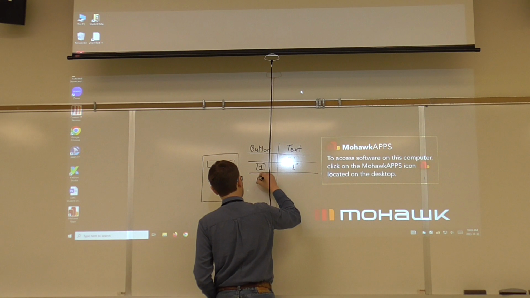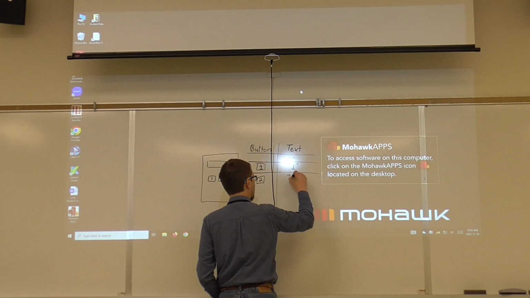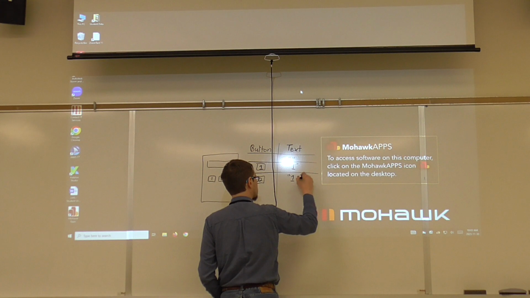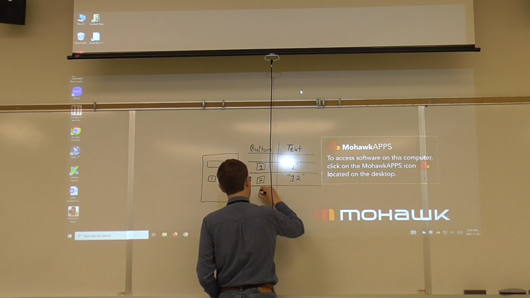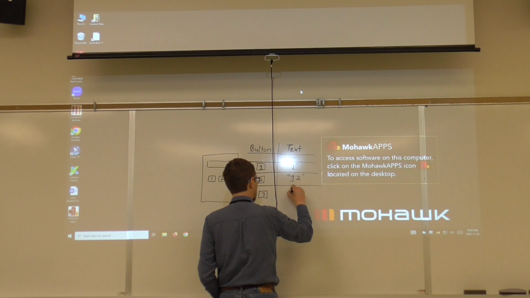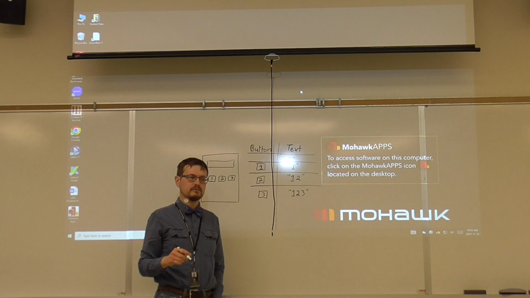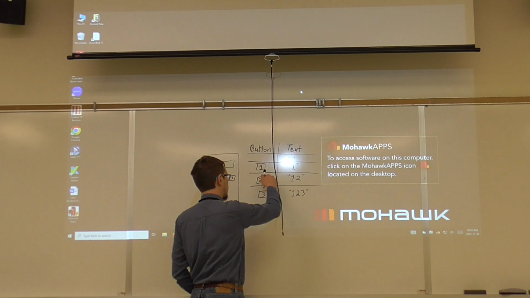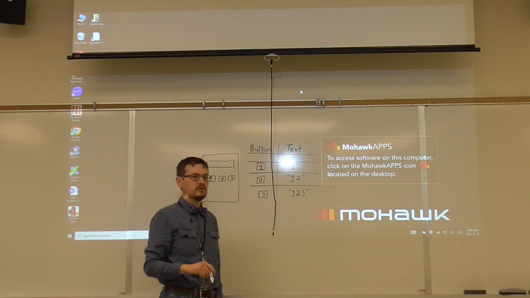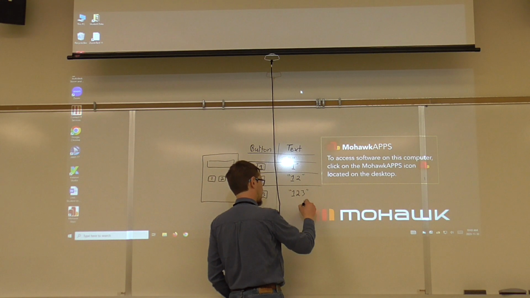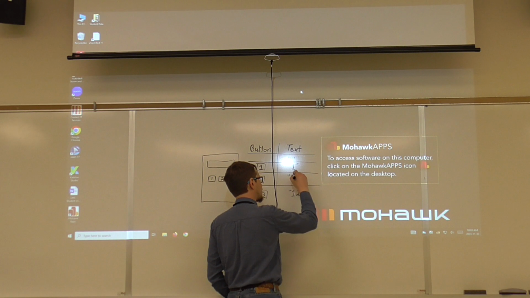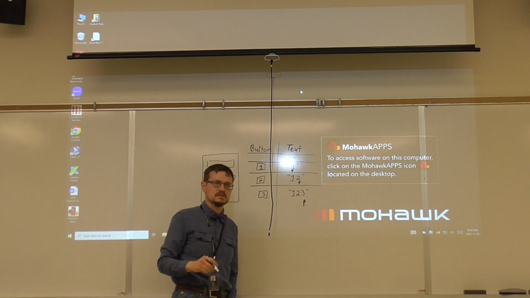On button press 2, we get 1, 2. On button press 3, we get 1, 2, 3. Right? So, the number for whatever button that you've pressed is getting appended to the end in each case.